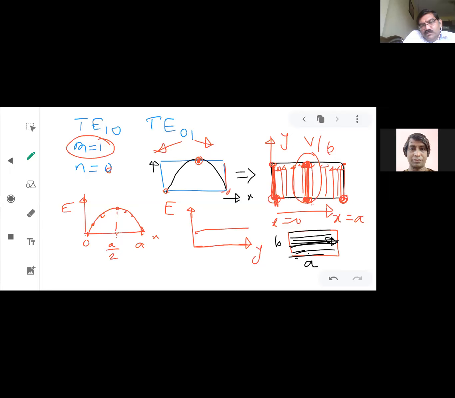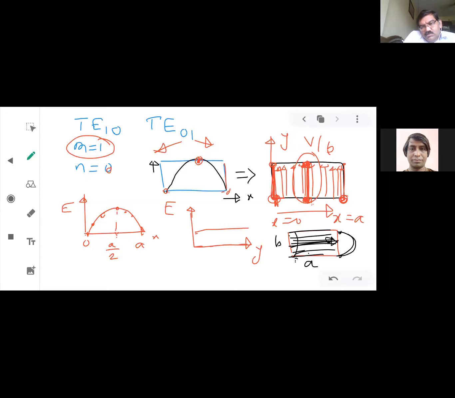Now if you move from bottom to the top, then there will be 1/2 cycle variation of the field, but in horizontal direction there won't be any variation in the field, provided that you are fixing your point. So this is how you get TE01 mode. So this is all about what a mode is and what is the significance of these numbers.